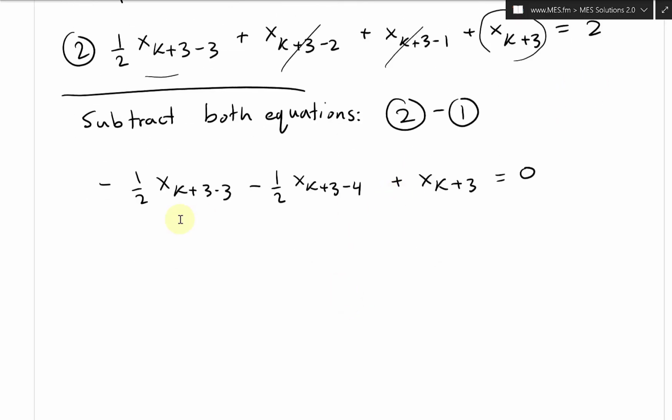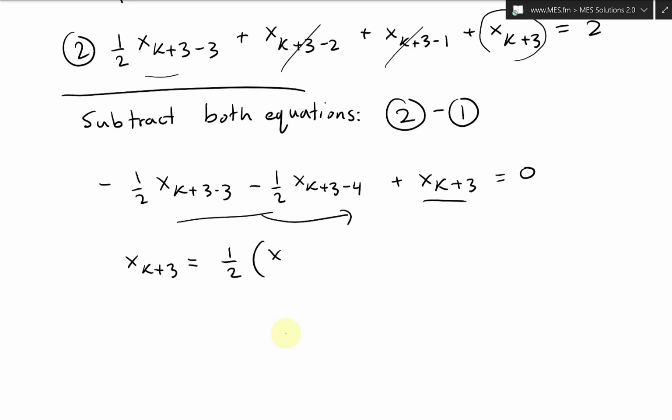And now what we'll do is move these over to the other side and factor out the 1/2, and solve for this one by itself. So x_{k+3} is equal to 1/2. Factor that out. These are going to be additions now, and we're going to be adding x_{k+3-3}, like this.